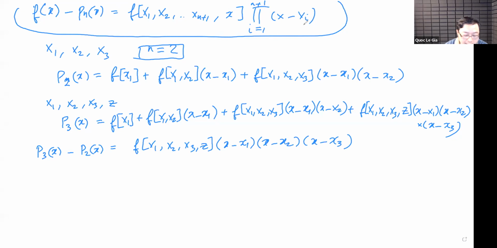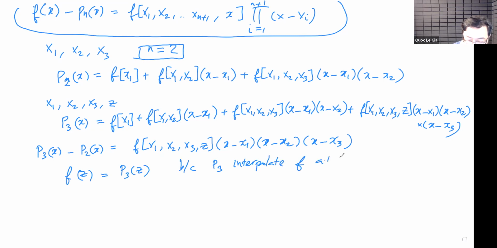So now go back to this one. What I'm trying to say is that we assume that P3 interpolates the function f as well at z. So we have f of z equals P3 of z, because P3 interpolates f at z.